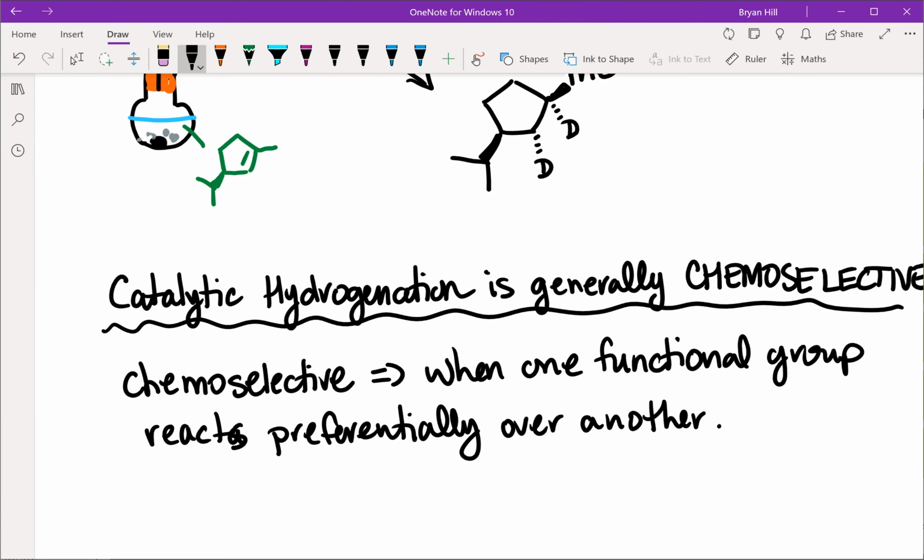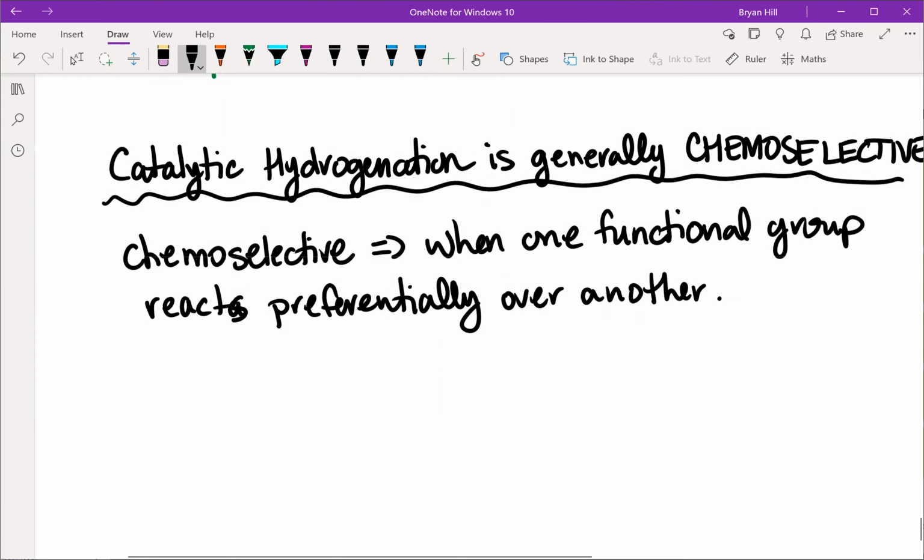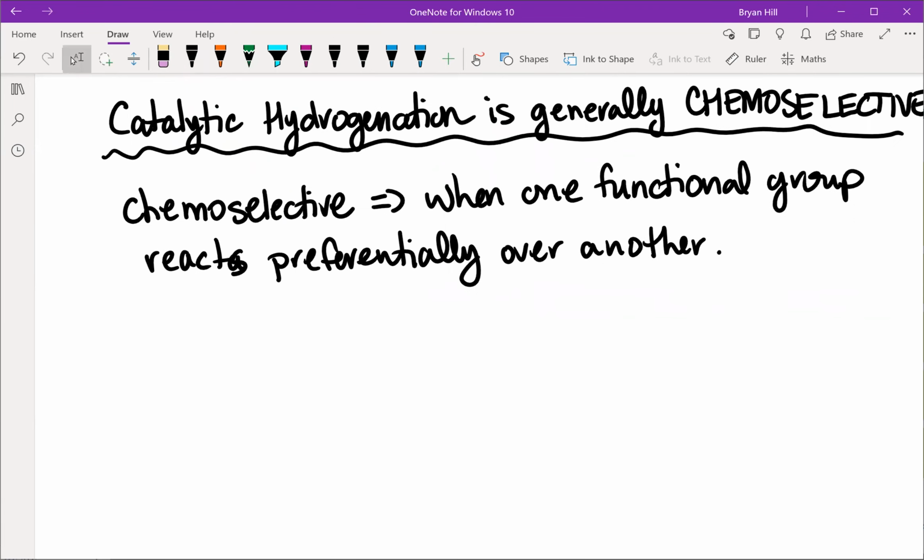So, and that's kind of neat. So one functional group will react, another one won't.